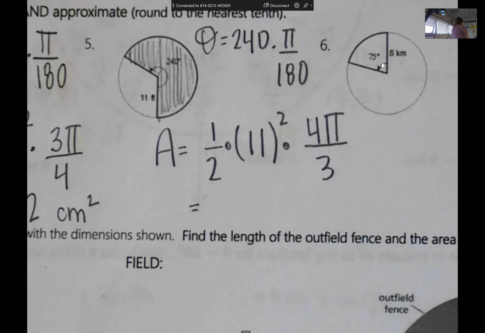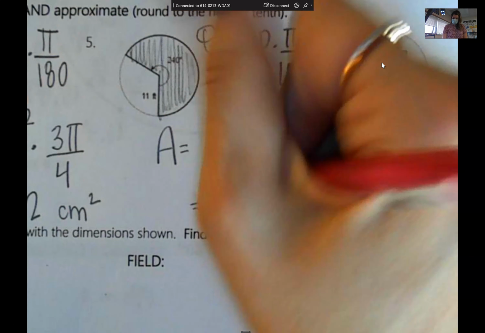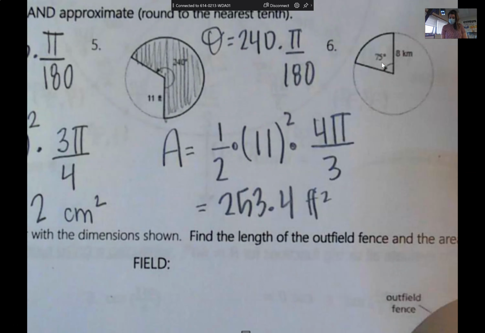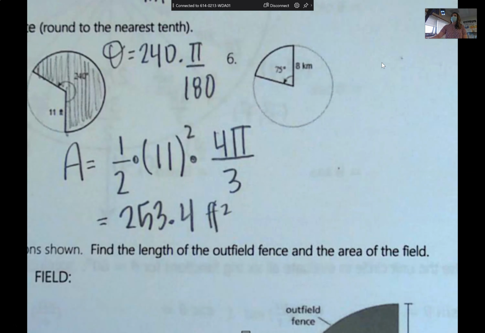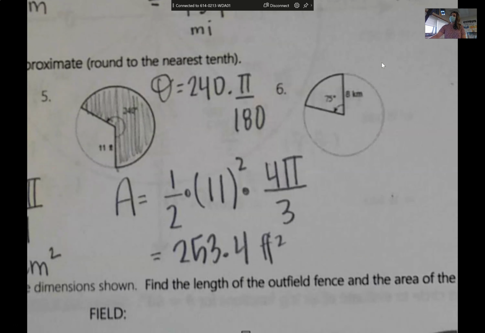Okay, I got 253.4. Great. Okay, you guys try all of 6. So you try all of 6 without me. You do have to convert 75 degrees to theta.